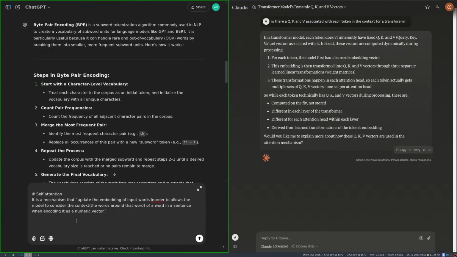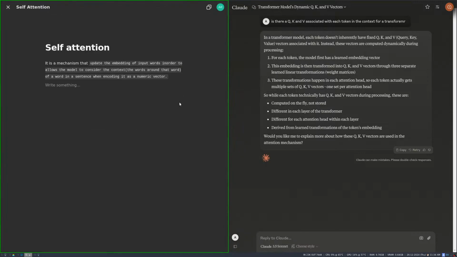I started using Vim key binding. It's a mechanism for self-attention. Is the embedding in a transformer the QKV?